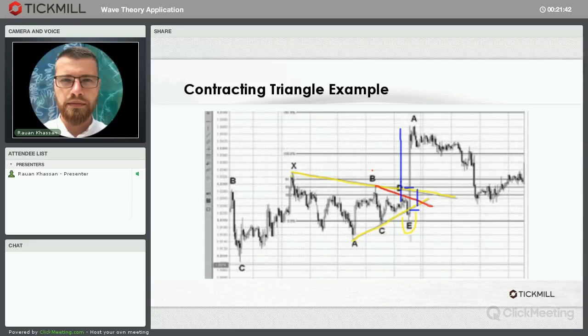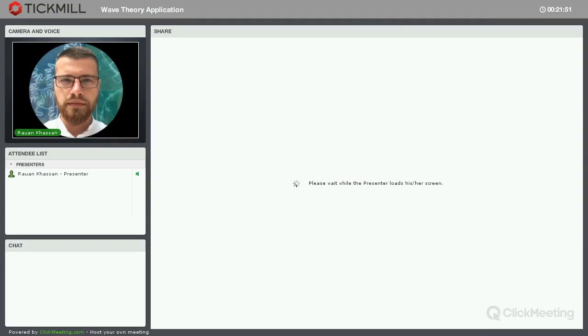I want to move further with you and give you another example based on live charts. So please give me a moment so I can set it up correctly.